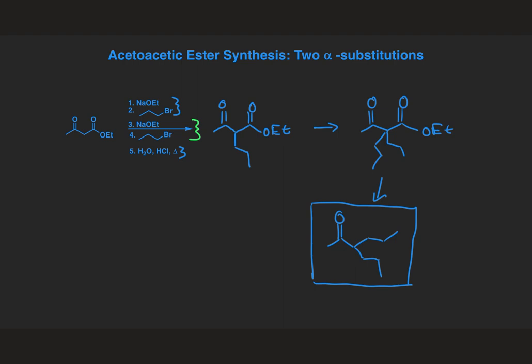Again, if we're identifying where carbons came from, this portion came from the acetoacetic ester. One of these propyl groups came from the first alkylation, and one of these propyl groups came from the second alkylation.